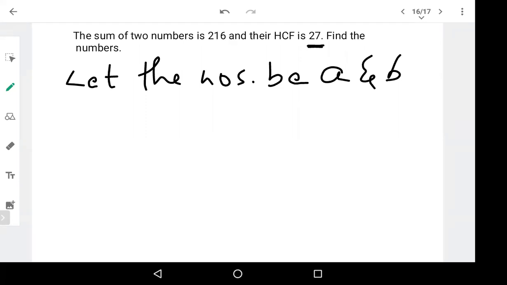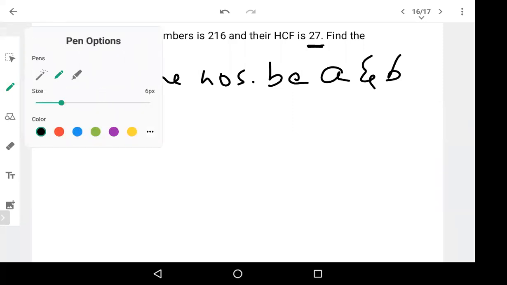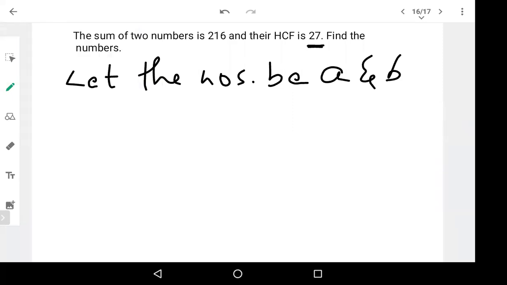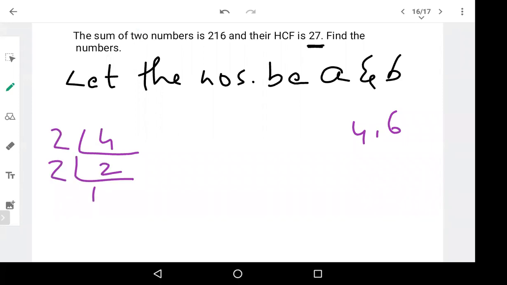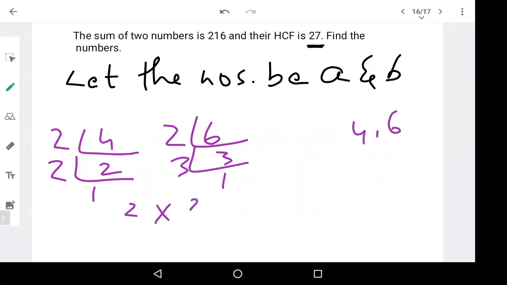For people who did not understand, we will go back to our first example, 4 and 6. When you found the HCF, 2 into 2 for 4, and for 6, 2 into 3. Here 2 was common in both of them.